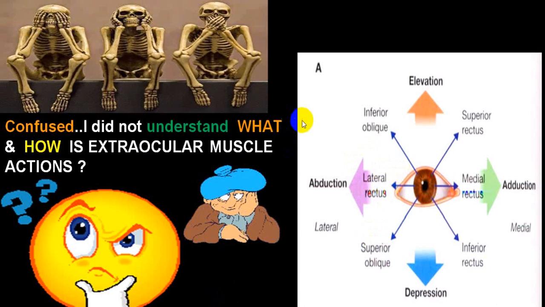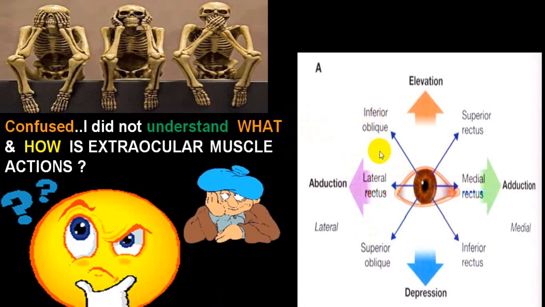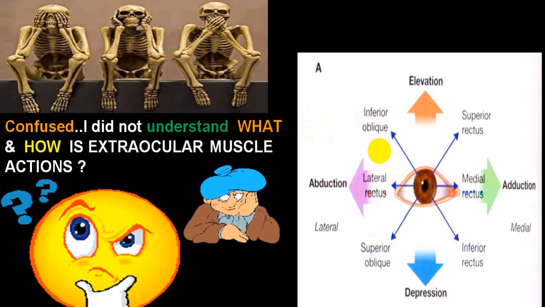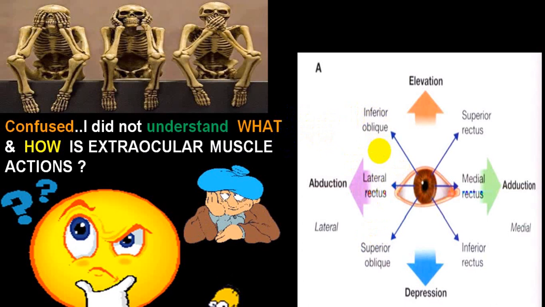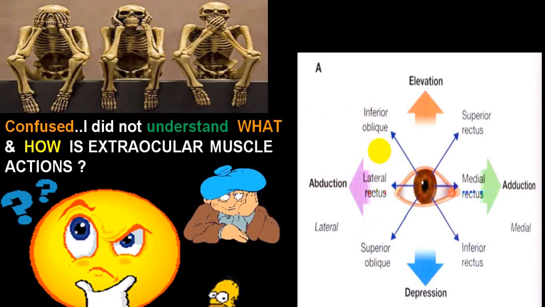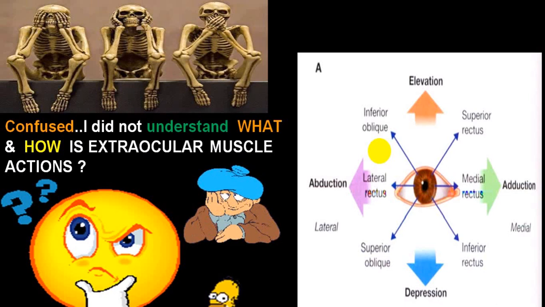So extraocular muscles are the muscles which will move the eyeball. There are 4 recti and 2 oblique muscles: superior rectus, inferior rectus, medial rectus, lateral rectus. And we have 2 obliques, that is superior oblique and inferior oblique.